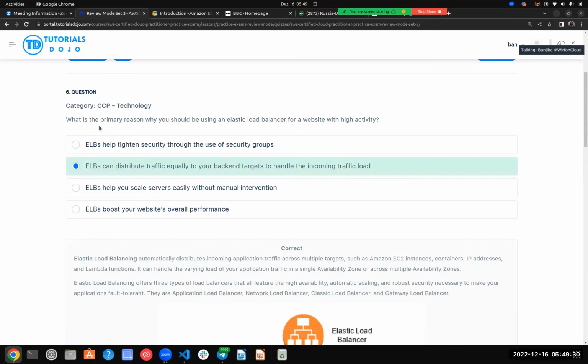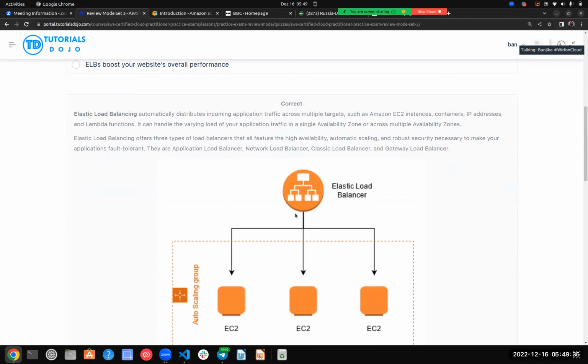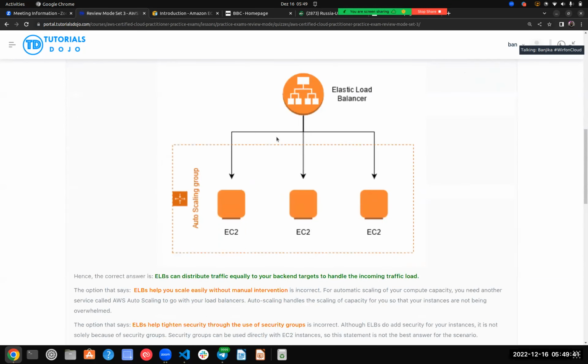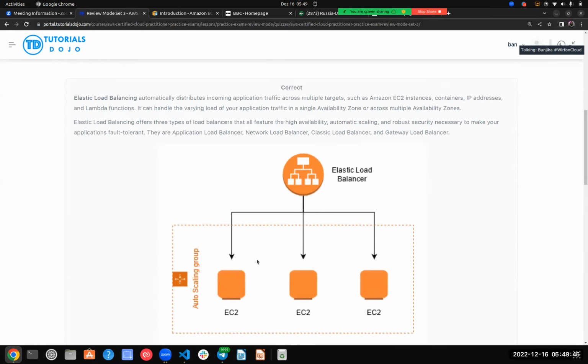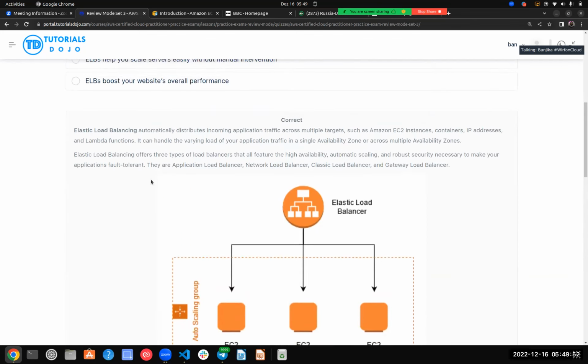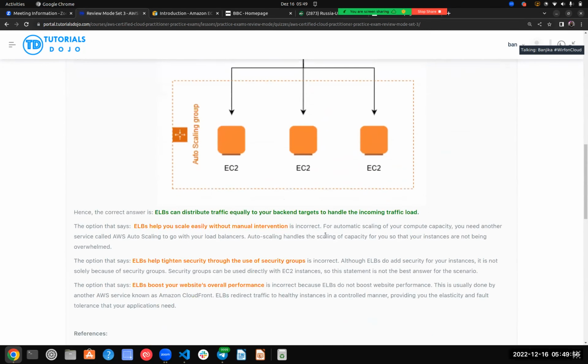Yeah, that's correct. So that's the primary reason why I have a load balancer. A load balancer always distributes traffic, but the load balancer doesn't help to scale, it only distributes traffic. What makes you scale your EC2s is an auto scaling group. You see, and I've put that here, luckily. So what will help you scale servers without manual intervention is the auto scaling group.